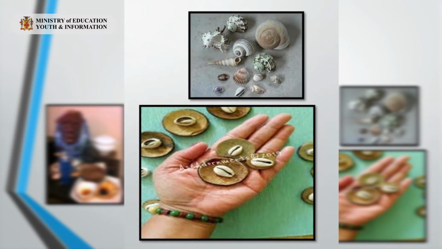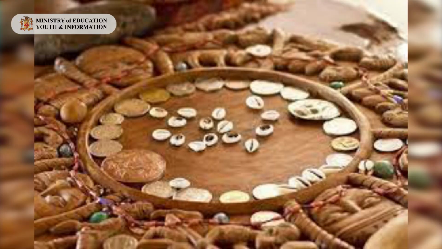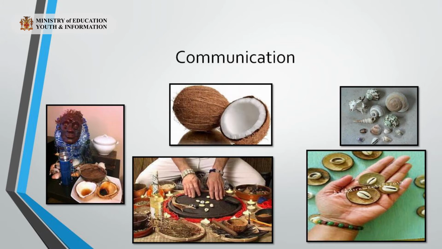The seashells are used to make predictions about whatever affairs, decisions or questions that the devotees may require of the Orisha. Ifa is the god or Orisha of impossible things, and he is consulted by use of a divine tray. There's a tray with markings on it.